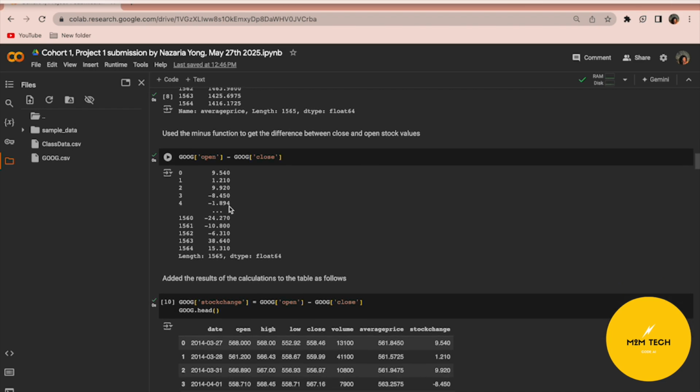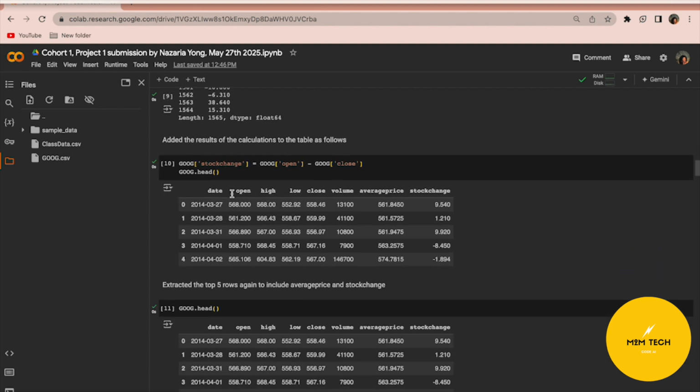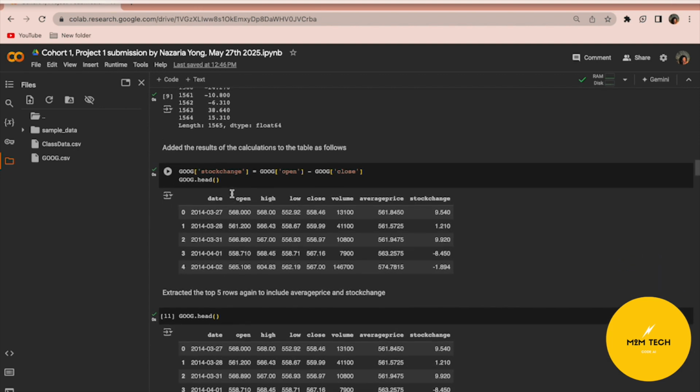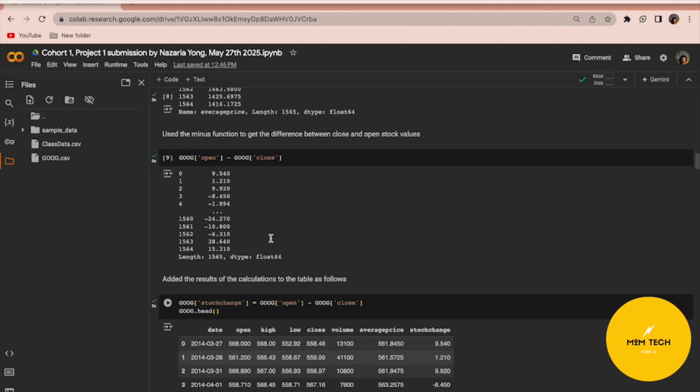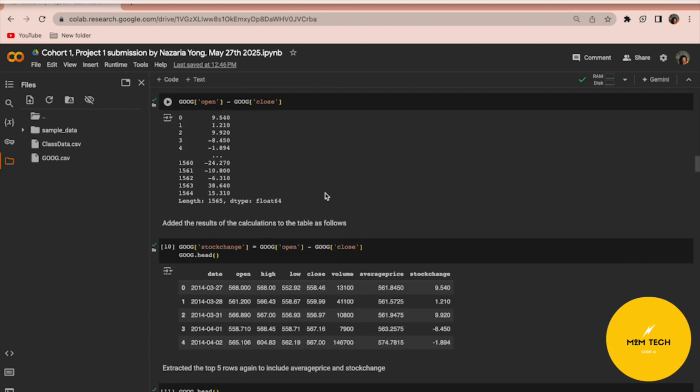I then wanted to find out if there were any differences between the close and open stock value, so I just used the subtraction function, and I got some results. And these results are alongside the averages that I obtained above.